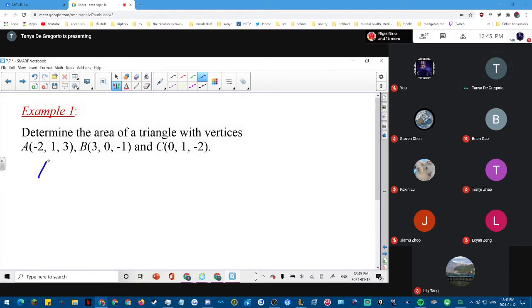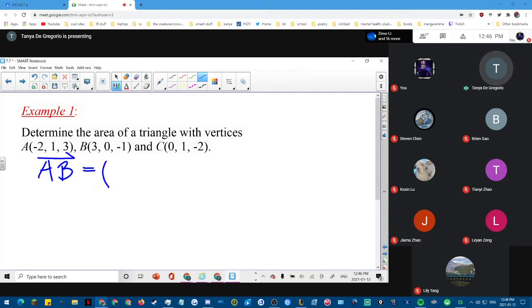So if I want to find vector AB, be very careful here, guys, because this was a common error on the test. If you're finding vector AB, I'm not doing A minus B, I'm doing vector B minus vector A. So be very careful. What would my components be?